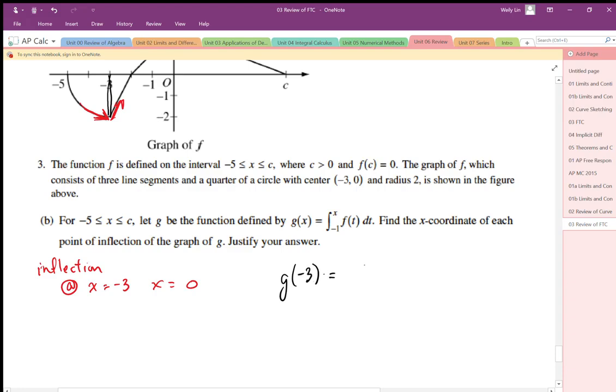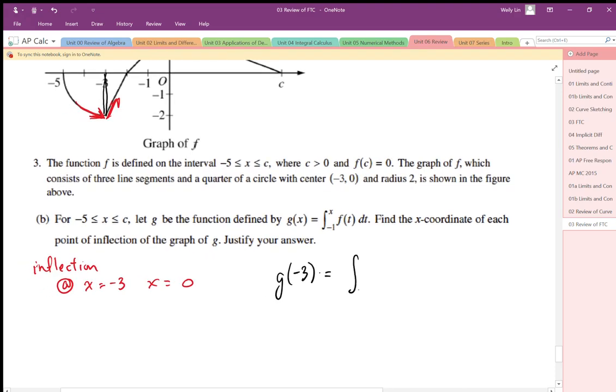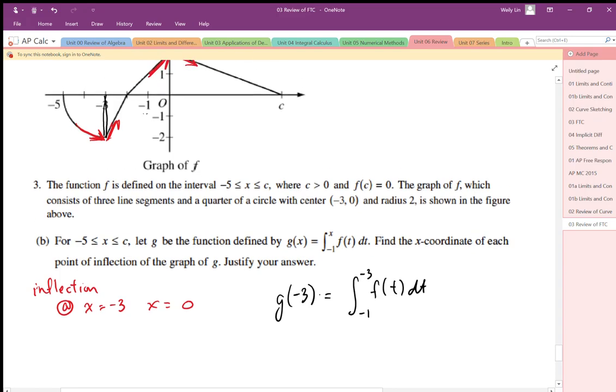So that means when we want g of 0, let's start with g of -3. That's going to be equal to the position starting at -1, going backwards to -3, the area underneath that function. Remember that we're going backwards here, so the areas above and below are backwards. This area here is going to be -0.5. This area here is going to be +1. This is a quarter of a circle.